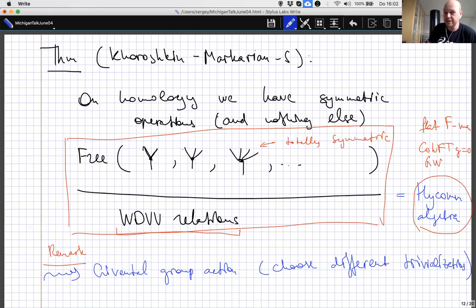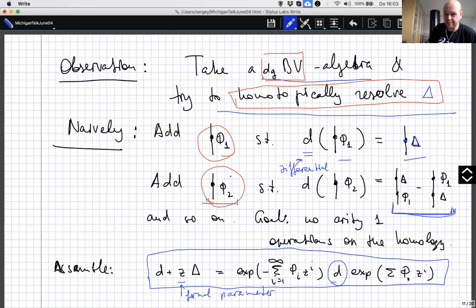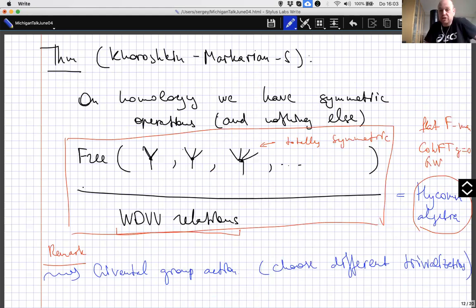I lift it to a BV algebra. So let me get back to this BV algebra with homotopically resolved BV operator, and I choose a different homotopy trivialization, because I can naturally twist the homotopy trivialization with anything that would commute with my differential. Then I get some very big group action on this type of structures, and this is the so-called Givental group action. But again, for today's talk it is just a side remark.